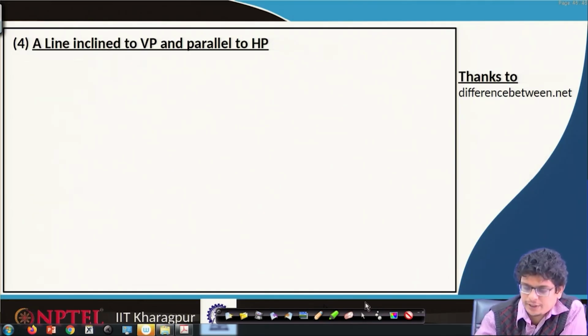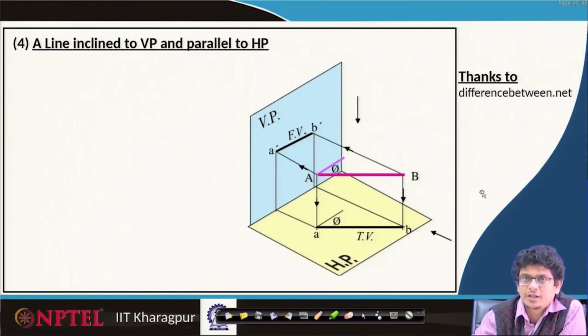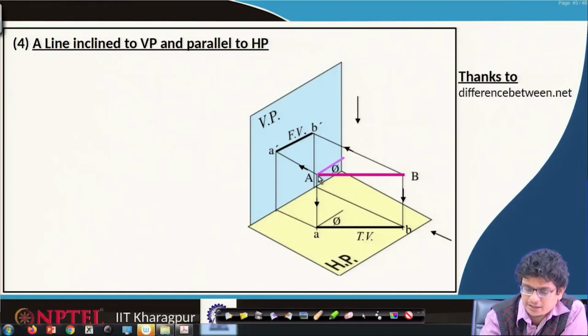Let us look at that pictorial view. This is the line we are seeing. This line is parallel to the horizontal plane, but if you extend it, this line might intersect there, so it is inclined with the vertical plane.